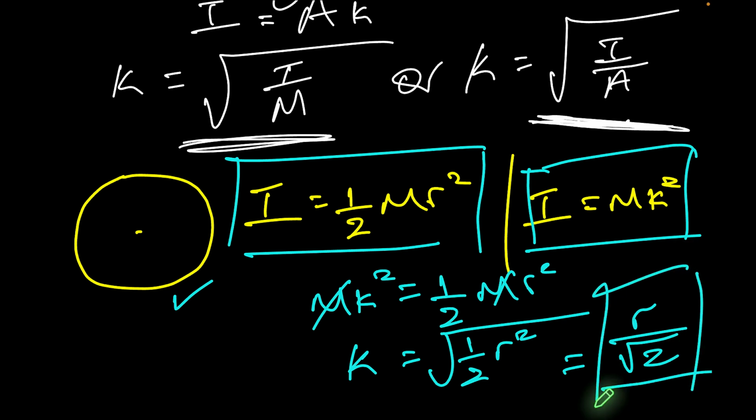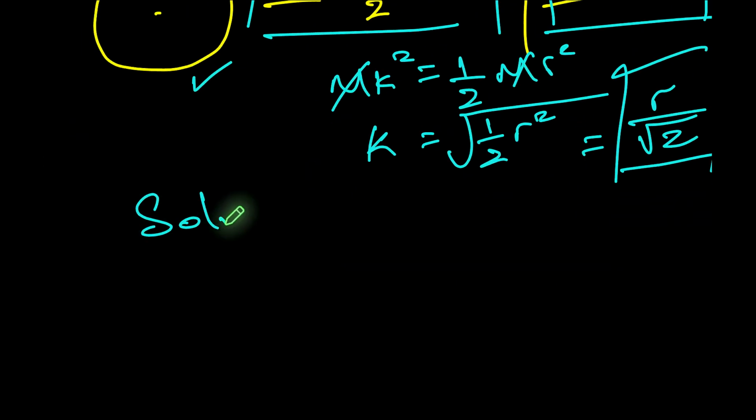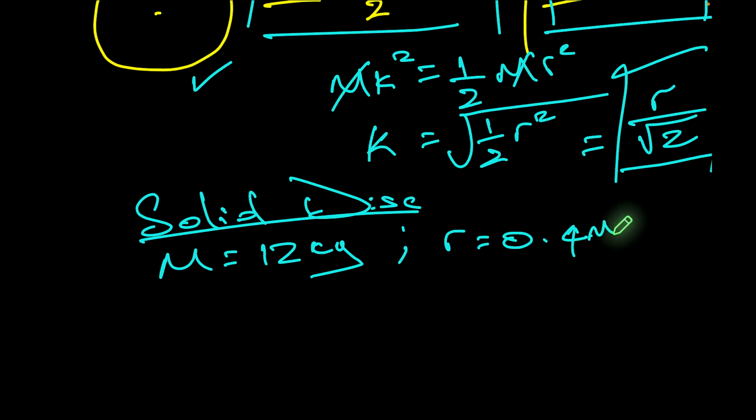Now we're going to put some numbers in and you will see exactly how the radius of gyration works. Say we have a solid disk, just like the example we had previously, and its mass is 12 kilograms, and its actual radius, the radius of the disk itself, is 0.4 meters.